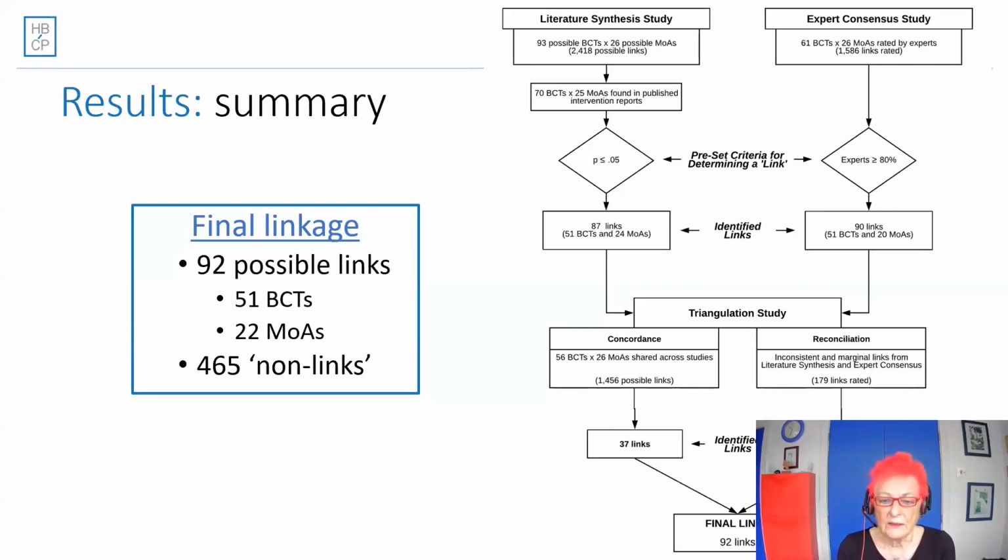In the triangulation study, we found concordance and we found evidence for 37 shared links. In the reconciliation study, the new experts identified a further 55 links, making a total of 92 possible links, and they also identified 465 non-links.